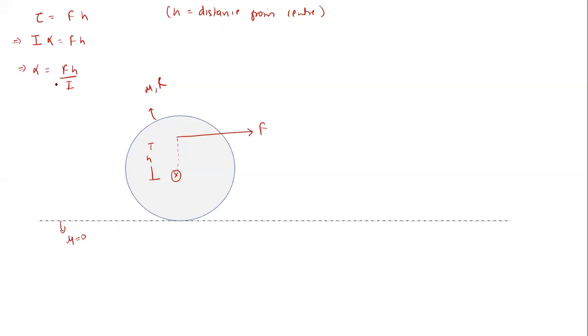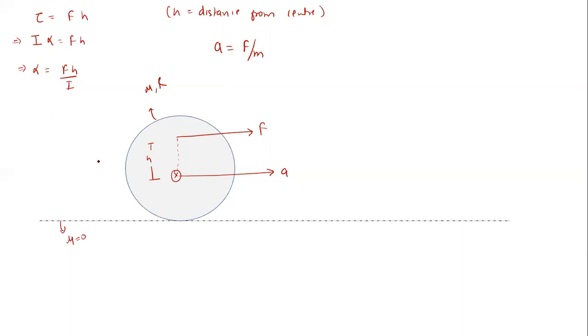Now because of this force, the body will accelerate also. The center of mass will also accelerate with a. The acceleration of the center of mass would be simply F by m, and the angular acceleration will be F into h by I, where I is the moment of inertia of the body about the center.